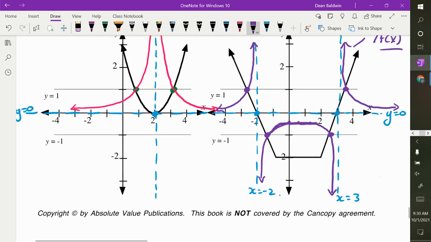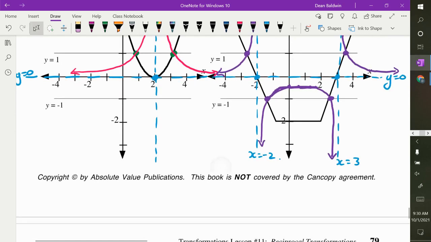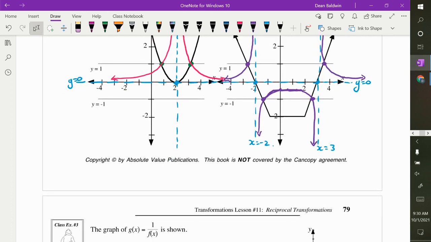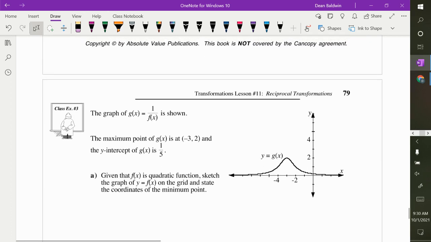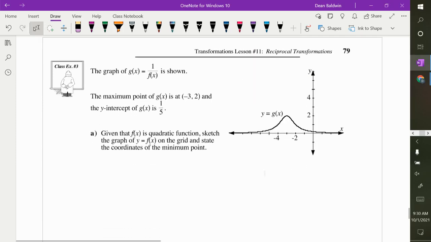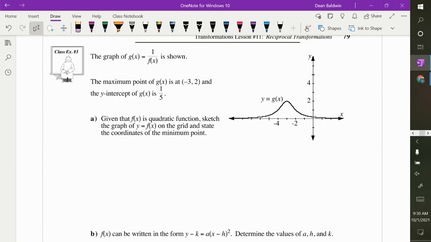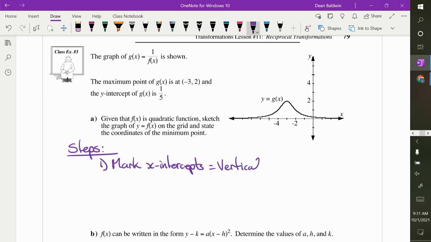All right. Here are your steps. I'll write on the next page. First step. Mark your x-intercepts.